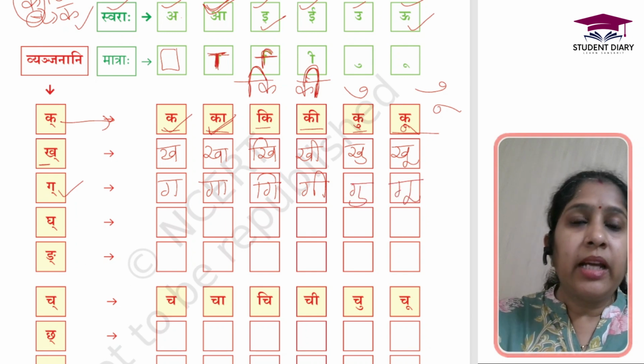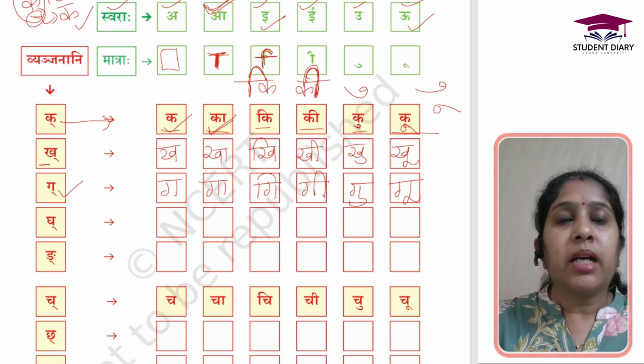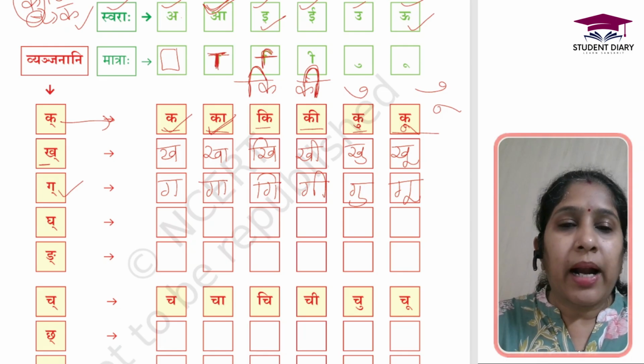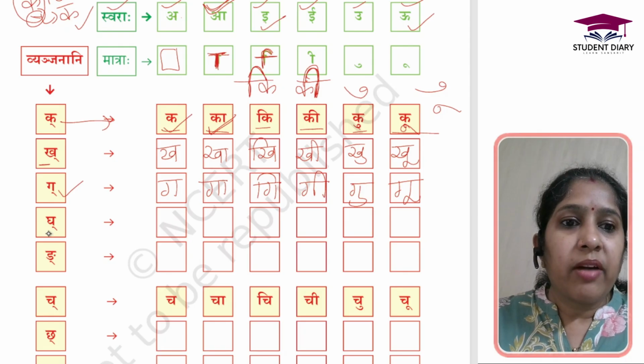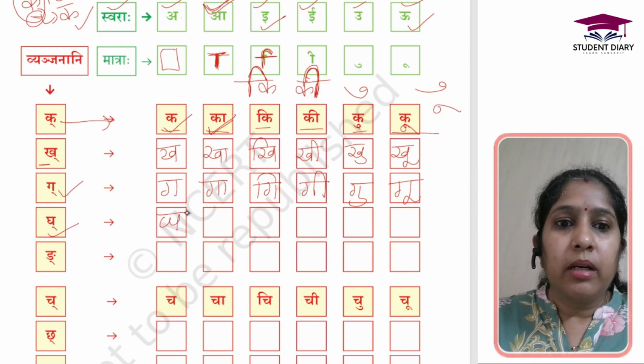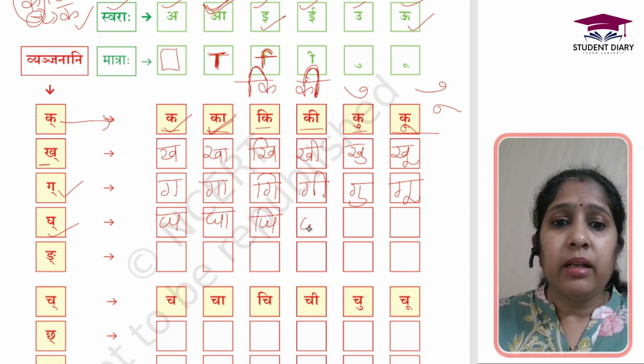So when you write the matras with all the letters again and again, it will be good practice for you, right? Same way, for gha, it is going to be gha, gha, ghi, ghee, ghu, ghoo. Correct?